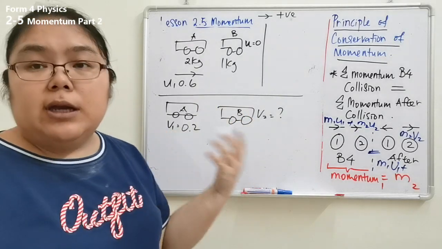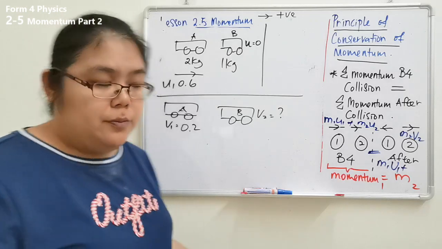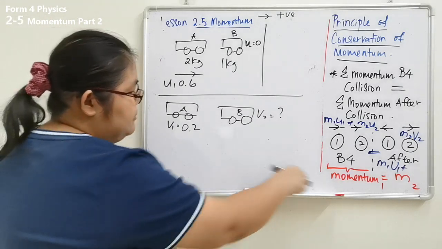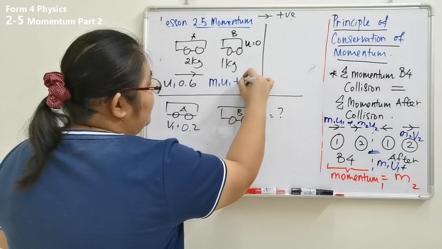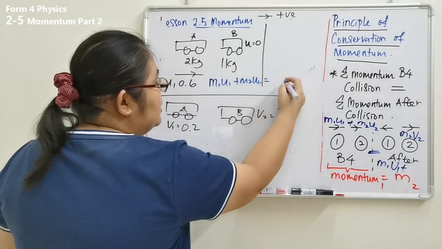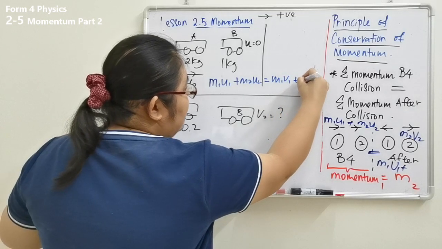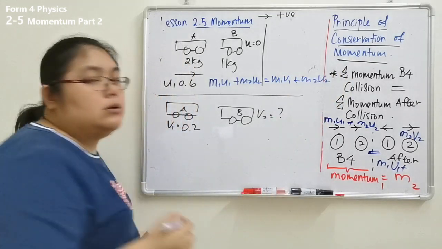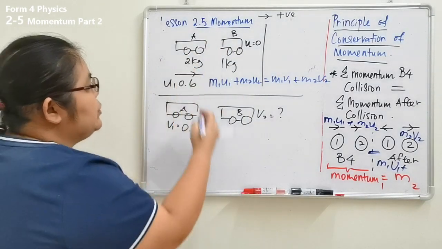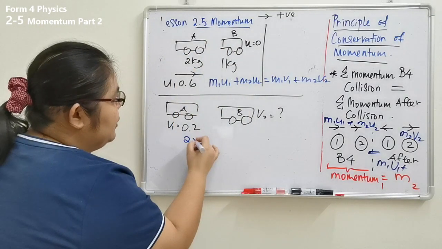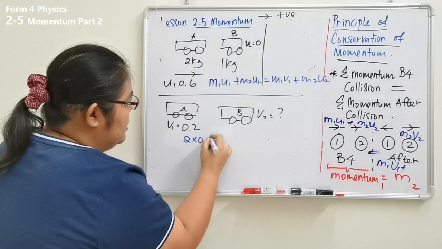Now we create the formula again. Just now I showed you the formula. The formula is M1 U1 plus M2 U2 equals M1 V1 plus M2 V2. So we apply all the values in. M1 is 2 kg, multiplied by U1, 0.6.